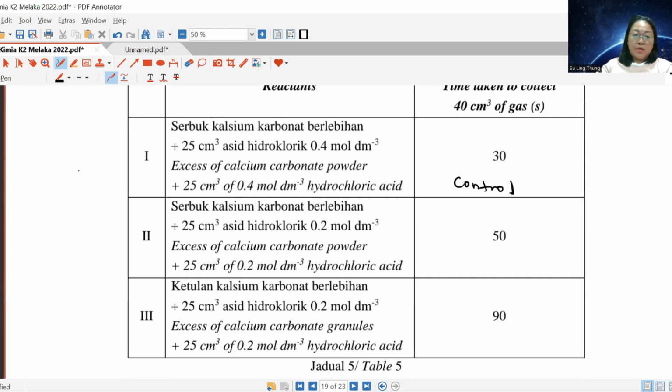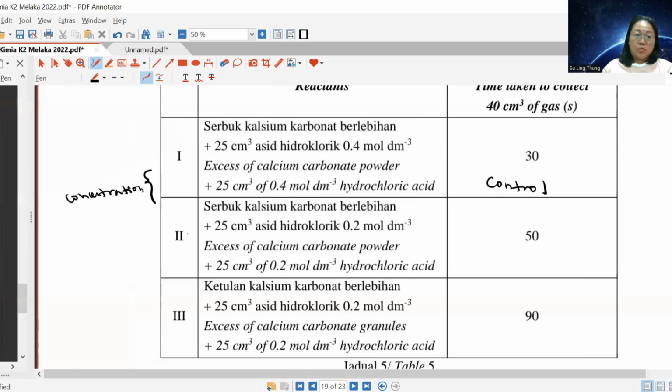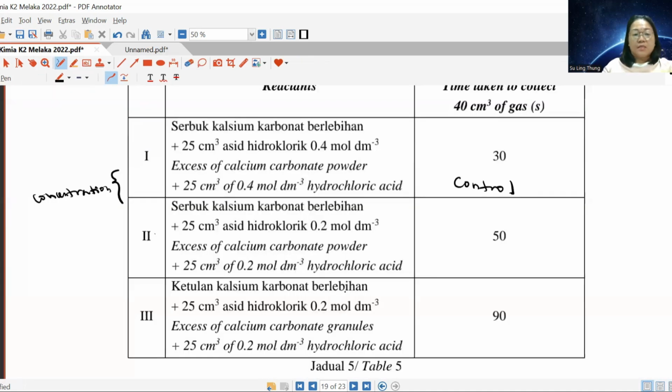Comparing set 1 with set 2, there is a difference whereby the concentration is involved. And if we were to compare with set 3, it will be the size of reactant.